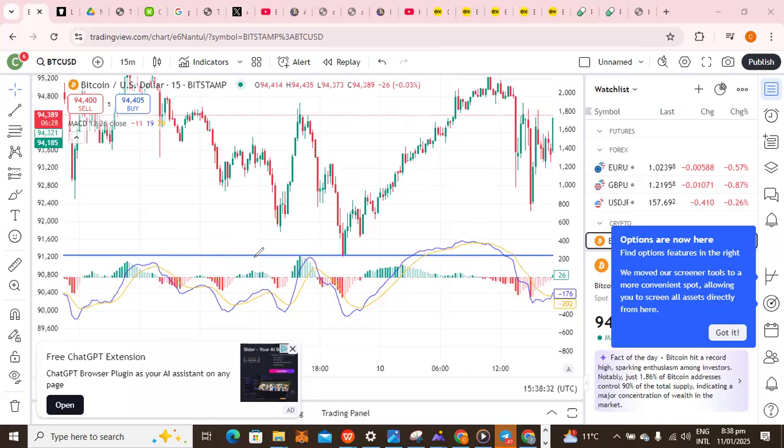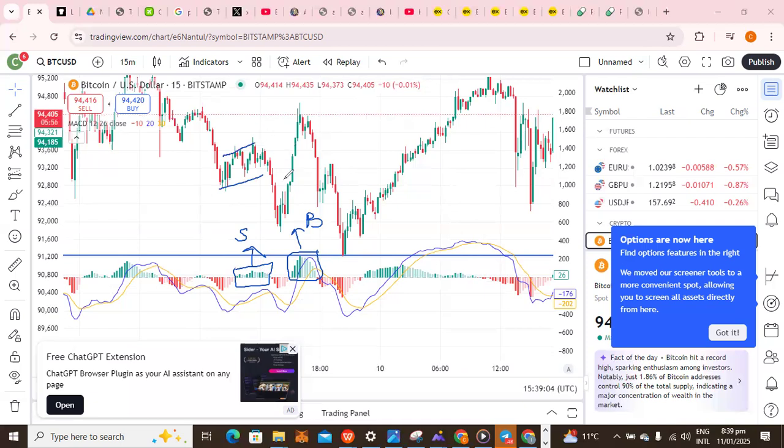As you can see over here, this is somewhat of a volume. You can think of it as the volume. There are two kinds of bars you're seeing: green bars and red bars. The green could be either a big green or a small green. Whenever it's a small green bar, we are expecting the price to stay sideways or even drop.